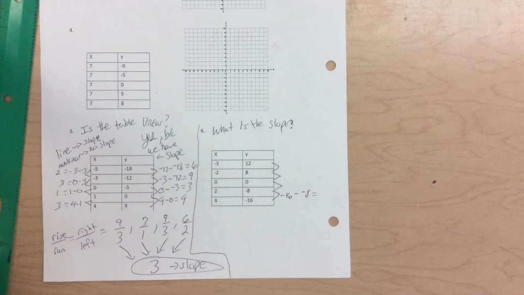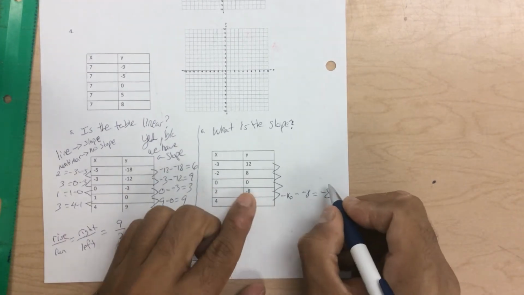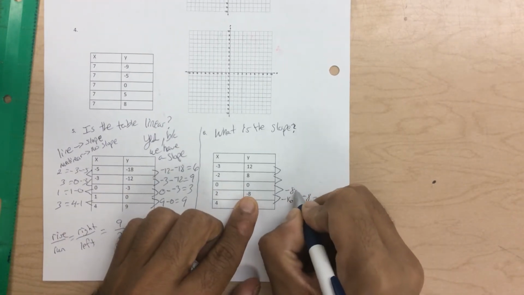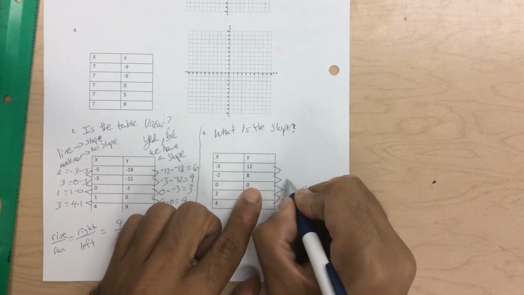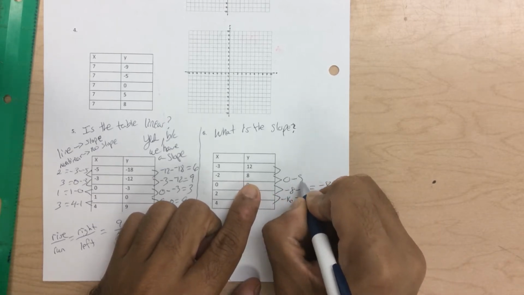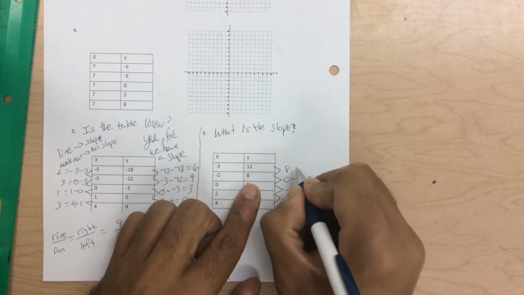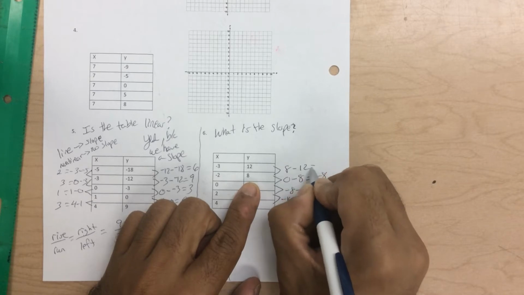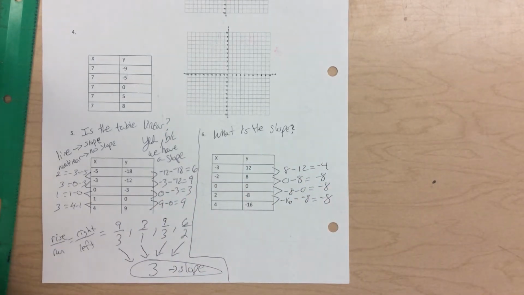Okay, so negative 16 minus negative 8, and that gives you negative 8. Next one, negative 8 minus 0. So it'll be negative 8. Then 0 minus 8 gives me negative 8. And then 8 minus 12, so give me negative 4. Okay, that concludes the right side.